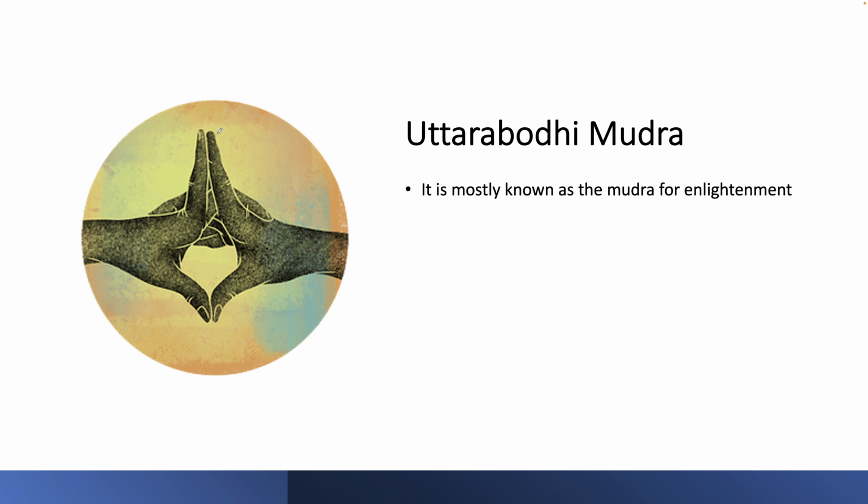Then we have Uttar Bodhi Mudra, which is mostly known as the mudra for enlightenment. Now, this represents the highest state of enlightenment or awakening. Sometimes this is also known as the gesture of ultimate realization or the gesture of supreme enlightenment.